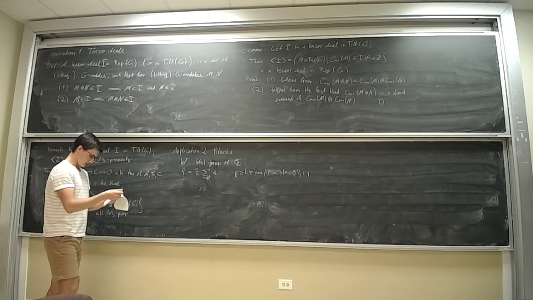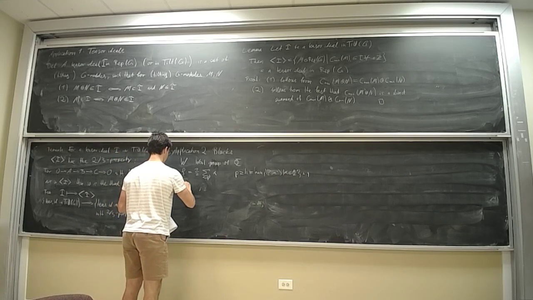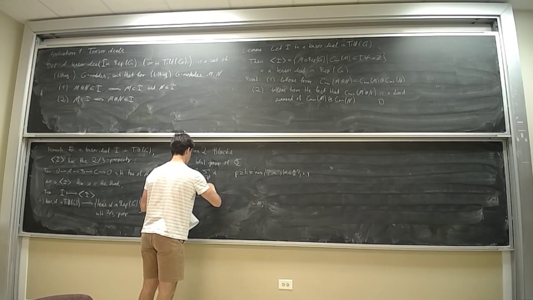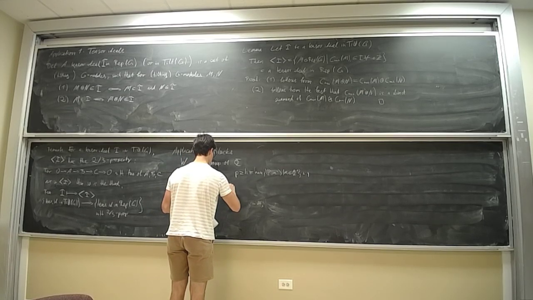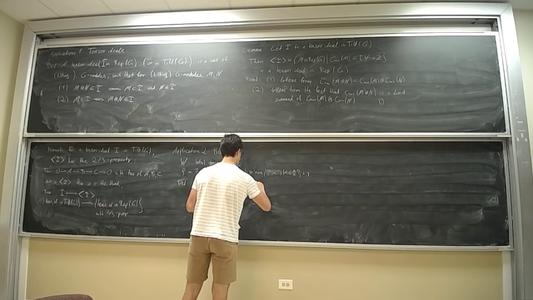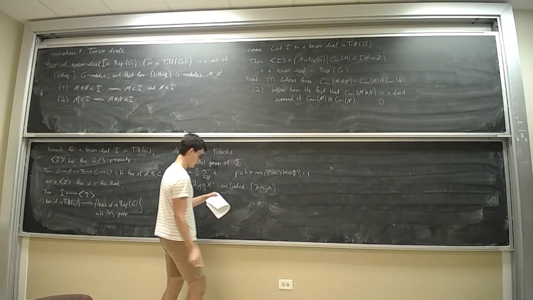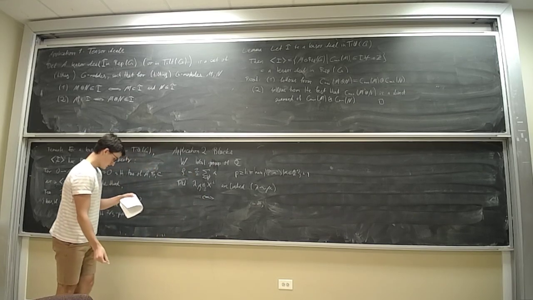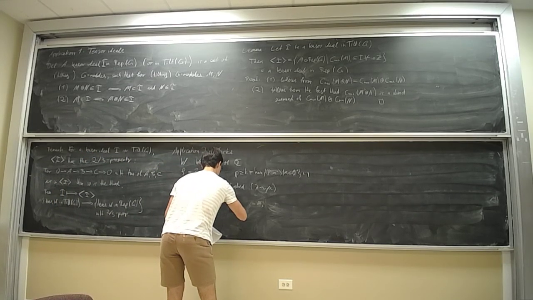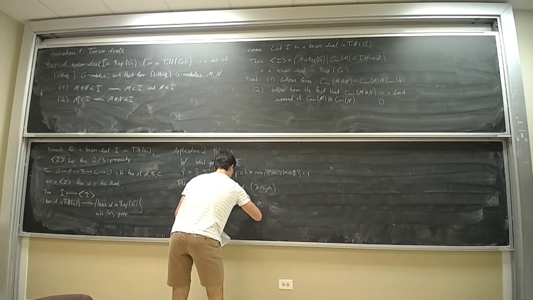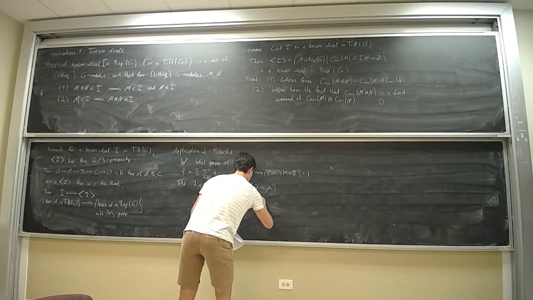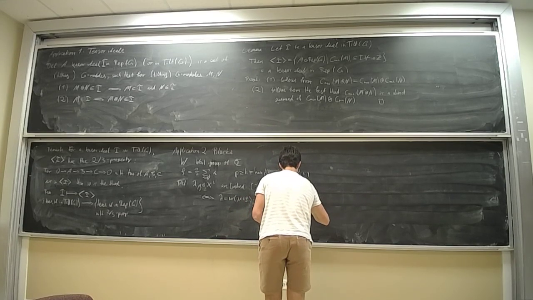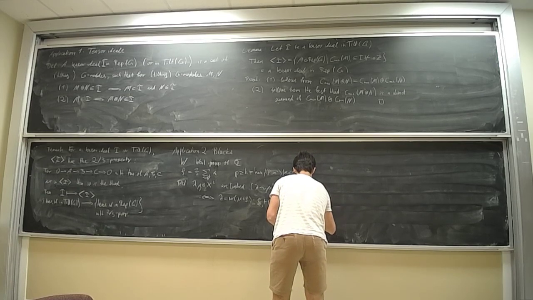Definition: if we're given two weights lambda and mu in X plus, then we say that they are linked, and we write an equivalence symbol, lambda tilde mu, if and only if lambda is equal to w(mu plus rho) minus rho plus p gamma, for some element w of the Weyl group and some element gamma of the root lattice.